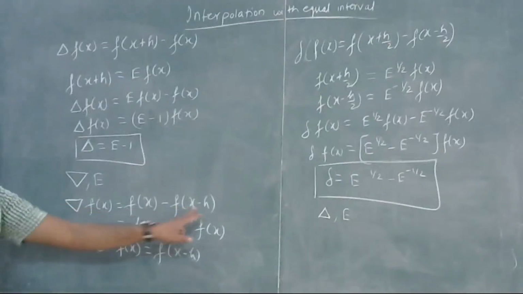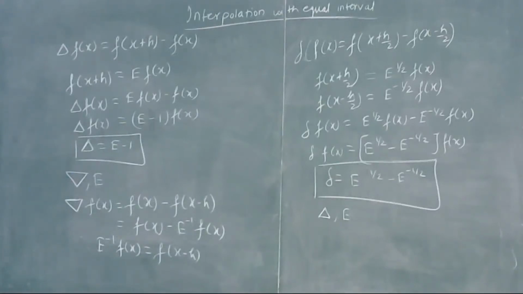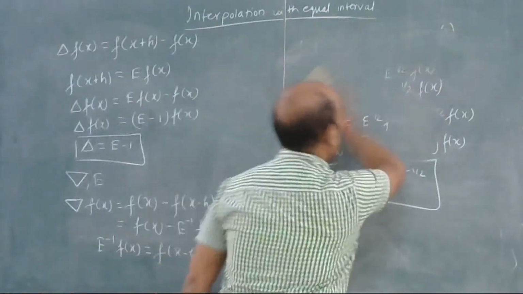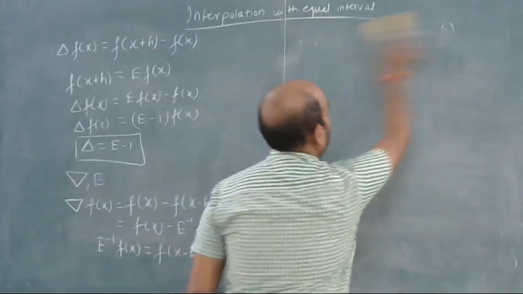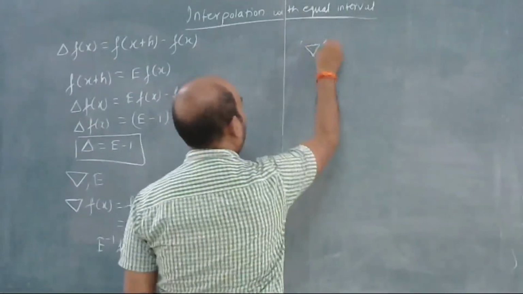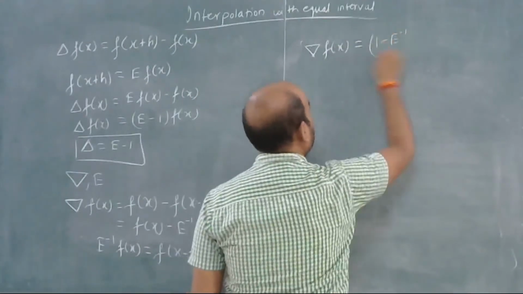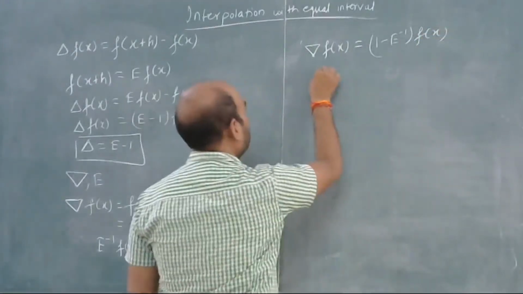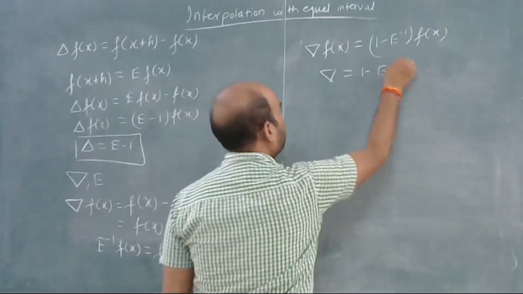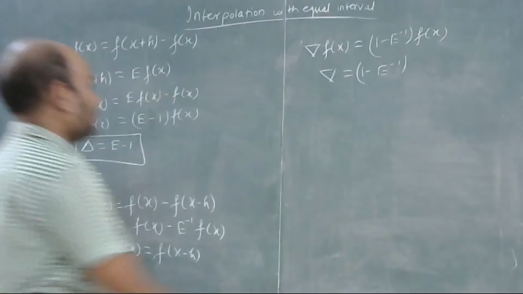So this is nothing but E inverse f of x. Now take f of x common. So the backward operator nabla f of x is equal to 1 minus E inverse times f of x, so nabla is equal to 1 minus E inverse. Okay, so this is the relationship.